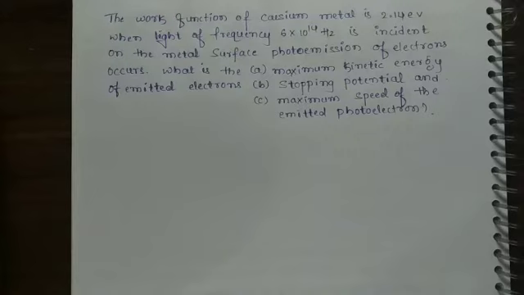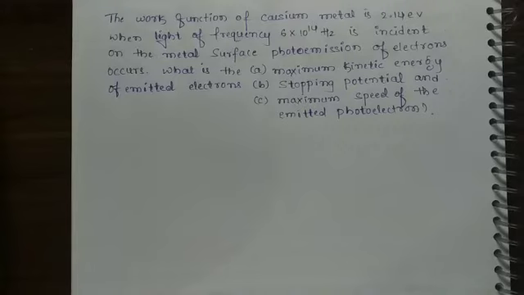When light of frequency 6 into 10 power 14 Hz is incident on the metal surface, photoemission of electrons occurs. What is the maximum kinetic energy of the emitted electron?